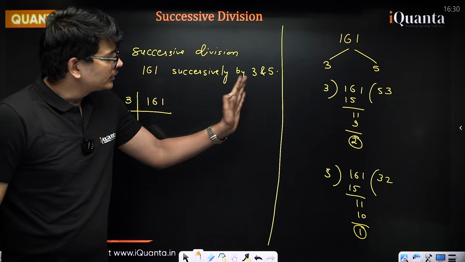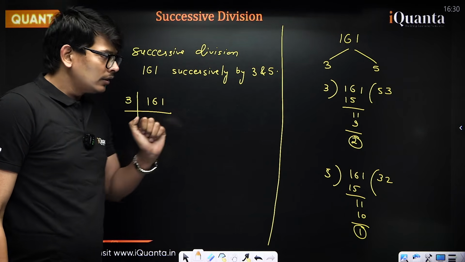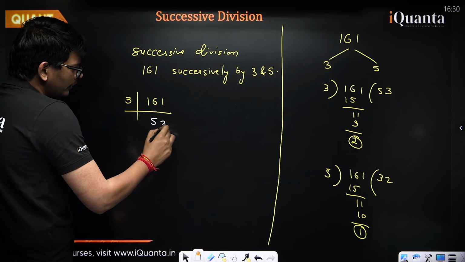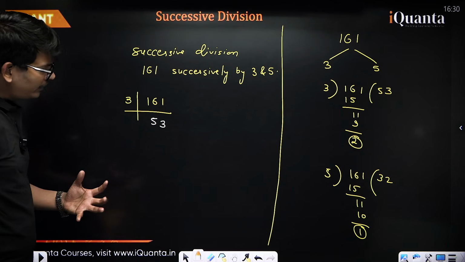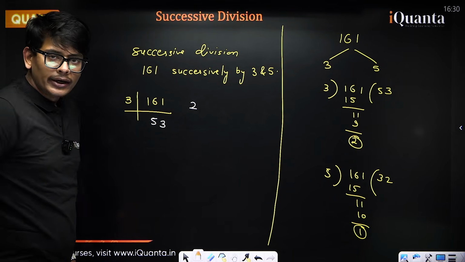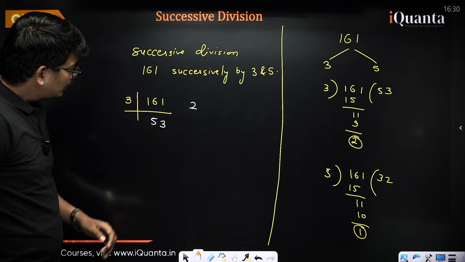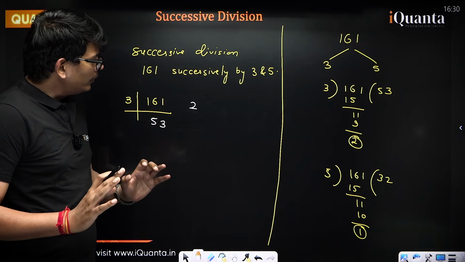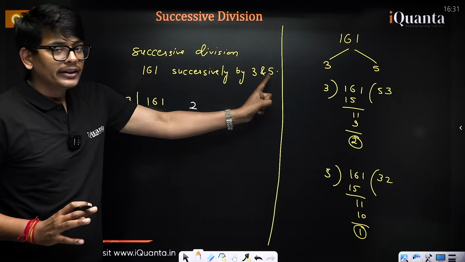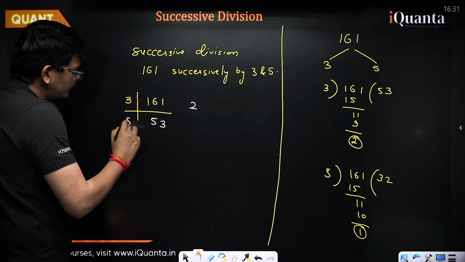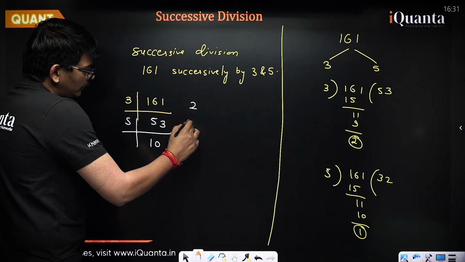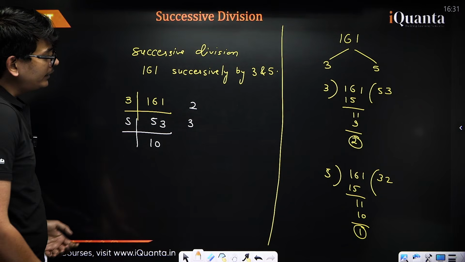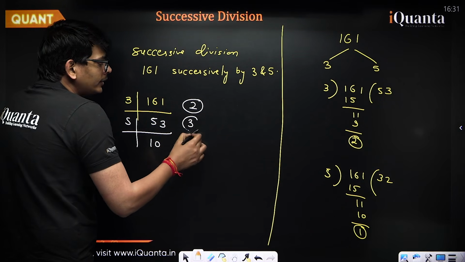So you will go in the sequence. 5, 11, 3, so the remainder is 2. That you will write here. Now whatever quotient comes out, you will divide that quotient by the next number. So in this case, the respective remainders will be 2 and 3.